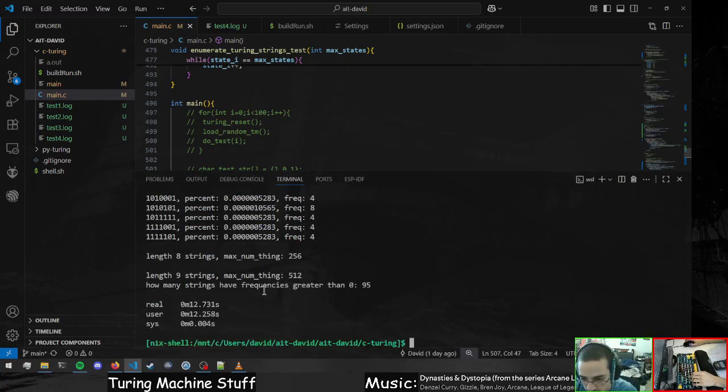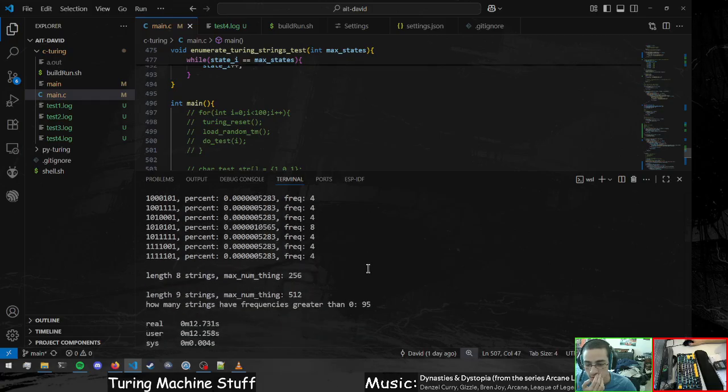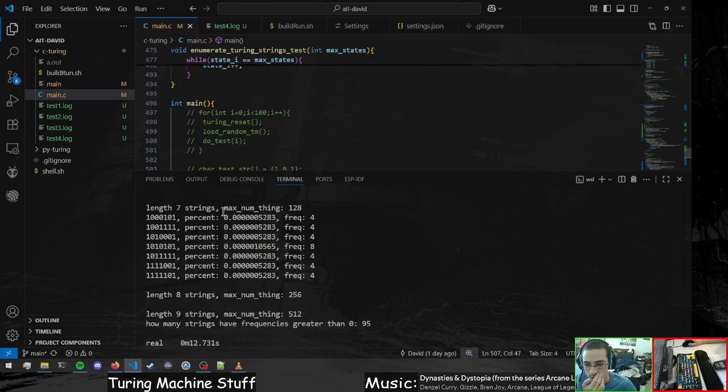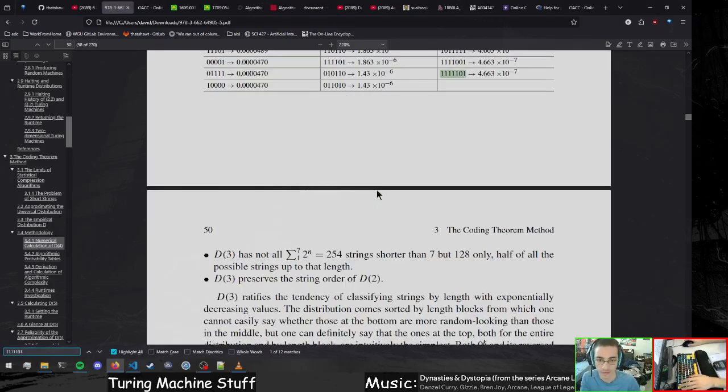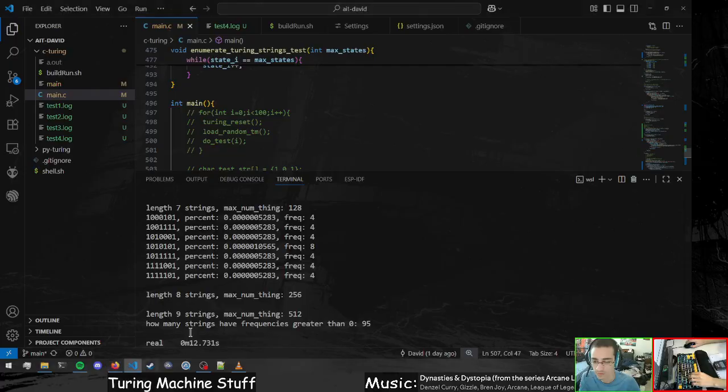We are trying. The problem here is I want to debug this and see. Also, there's some length 7 strings that I have, which, yeah, those are good.